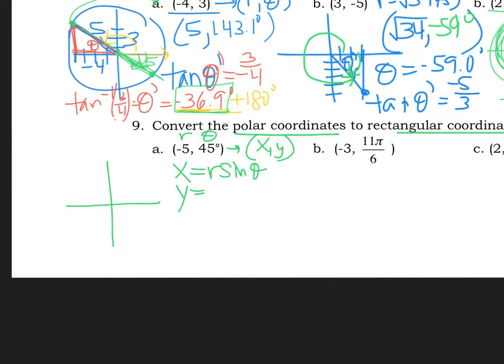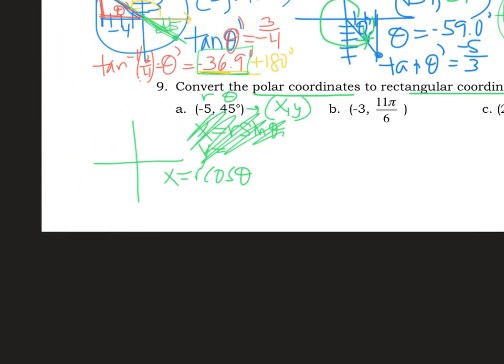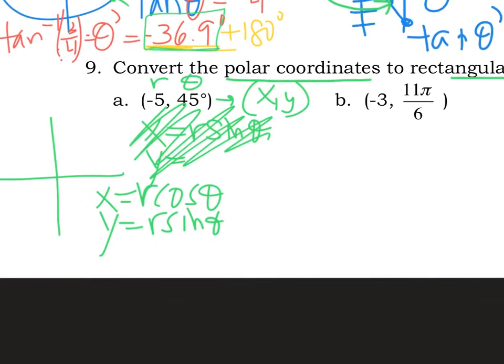Please tell me. That's the hard thing. You guys can't tell me when I'm wrong. X is r cosine theta, which is so funny because it's written right here. R cosine theta, sorry, and y is r sine theta. All you have to do is just plug them in. Yeah, I know, it's that easy.